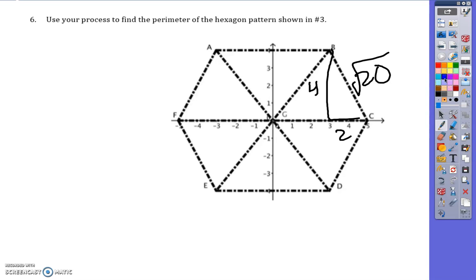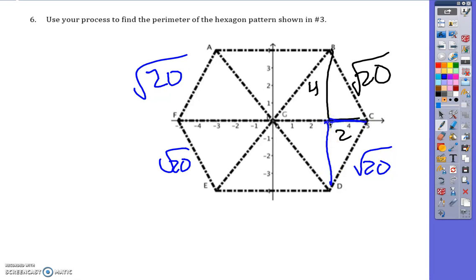So what's cool is this is also the square root of 20, and this is the square root of 20, and this is the square root of 20. Anybody want to tell me why? I know, I can't hear you. I keep asking you questions you can't possibly answer. But the square root of 20, because those are all the same length, because they're all 4 away this way and 2 this way. And so on, all the way around it.